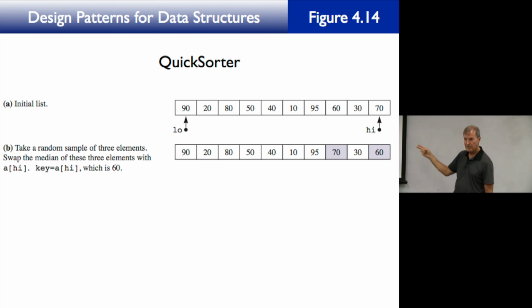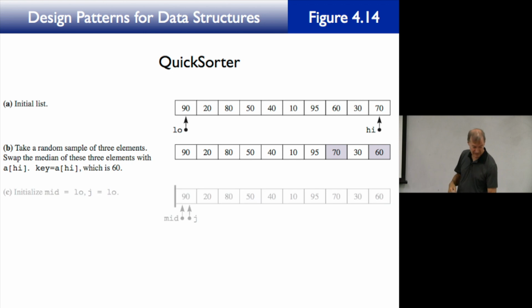Are you with me? From now on, throughout the rest of the loop, the key is going to be 60. So key gets A sub high, and we're always going to compare everything with the key. Instead of always going to A high, we'll have a local variable called key. So it will be 60.